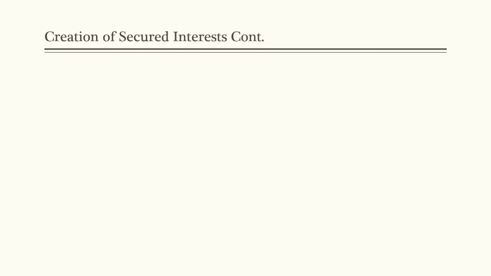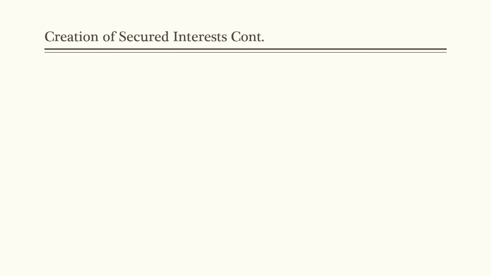Now we will discuss the three criteria for the creation of a security interest in a bit more detail. As I stated on the first slide, the first criterion for creating a security interest is that the parties create a security agreement, and either the parties' agreement is in writing or the creditor takes possession of the collateral while the debtor pays on the loan.